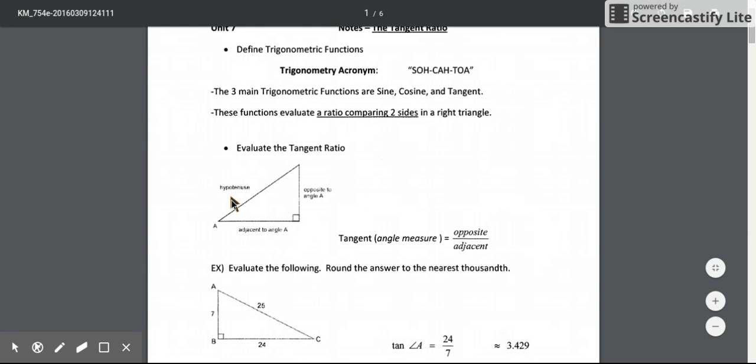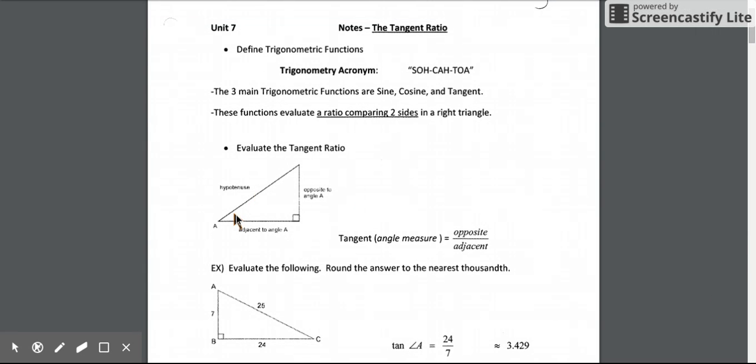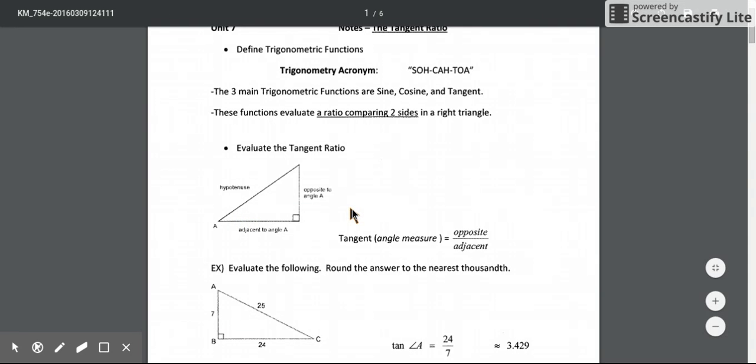So here is a generic right triangle, and we're going to use it to talk about the tangent ratio. The tangent ratio is comparing the opposite leg and the adjacent leg, and that's relative to a specific angle.